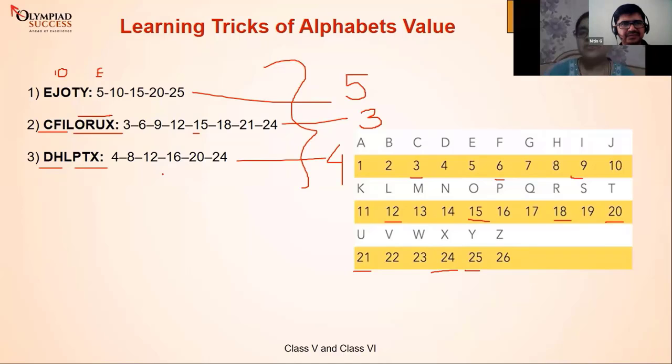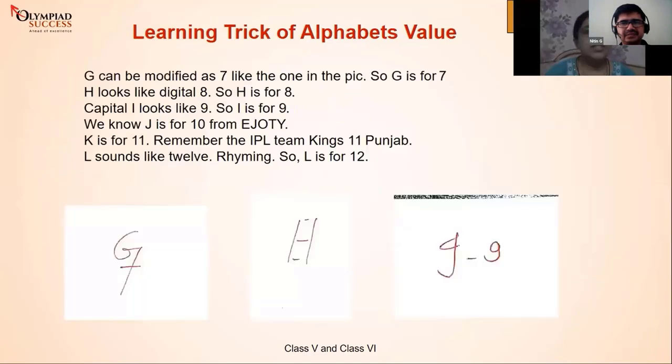But I have better ways of remembering a particular alphabet with a particular number. The first one starts from A, but I am very sure that A to E is known to everyone because A to E is the first 5 alphabets and everyone knows their place value very easily. The interesting part starts from F. F is equal to 6 and G is equal to 7.